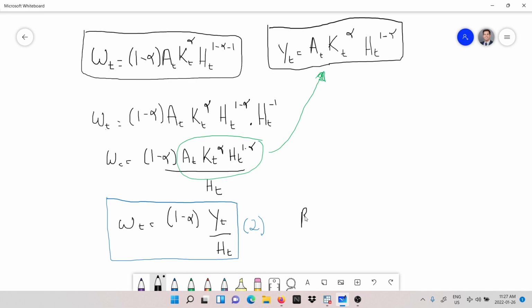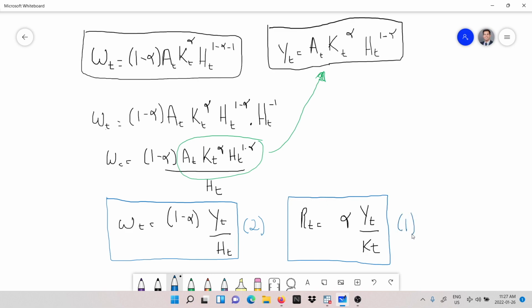Equation 1 was RT, which was just alpha YT over KT. So these are the two final conclusions that we get from the firm's maximization problem. We're getting the wages and the returns. These two dynamic equations, we're going to keep them aside, and we're going to use them back when we get to the general equilibrium.